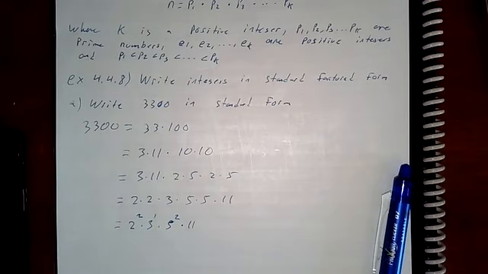So that's what I mean by factoring into standard form. That's the first example. There are a few problems like that in the homework, which will help with the divisibility problems. Let's do another one.